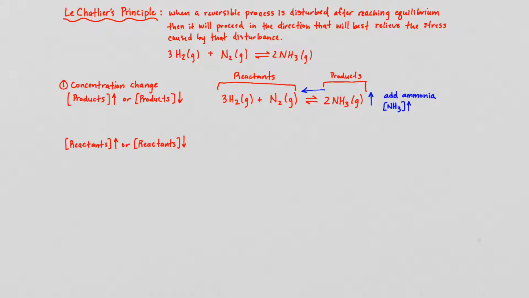So as you add more NH3, it will cause the equilibrium to shift to the left. Okay, so if you increase the products, then you have a shift left.